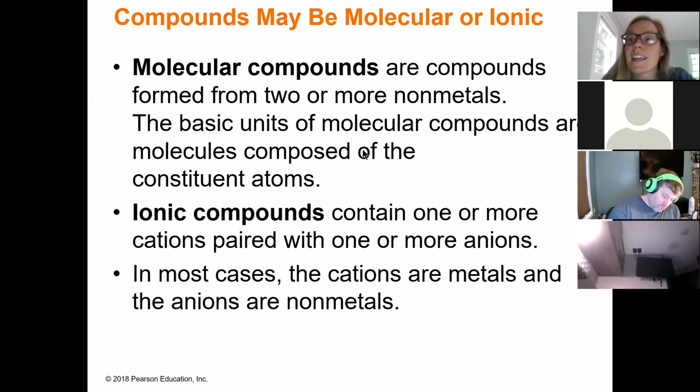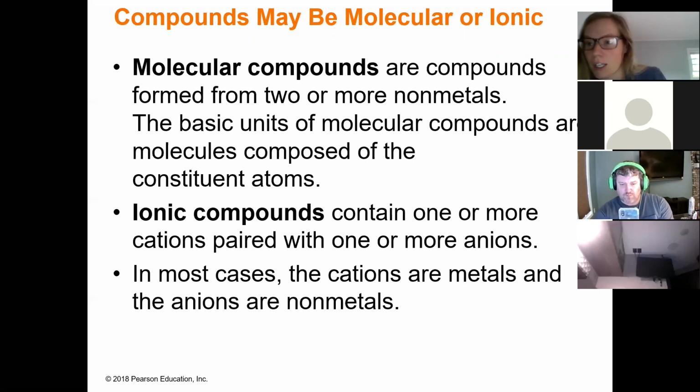So first thing when it comes to doing anything with naming a compound is you have to be able to tell me if it's a molecular or an ionic compound. Molecular compounds are formed when it's 2 or more nonmetals. The base unit of a molecular compound is a molecule. So it forms a little molecular packet. And then the greater mass of it is little molecules stuffed together.